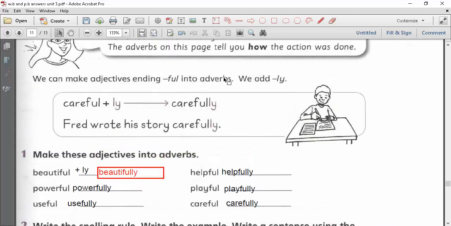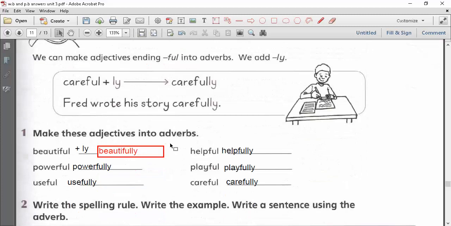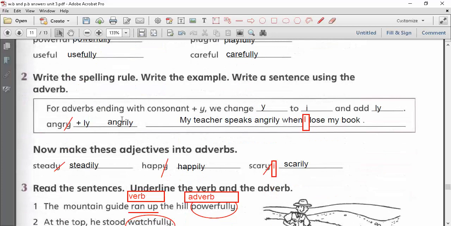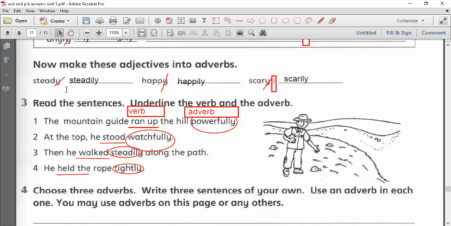Adding ly to form adverbs to answer questions with how. Careful, carefully. Beautiful, beautifully. Powerful, powerfully. Useful, usefully. Angry, angrily. We cross out y, then add i-l-y.